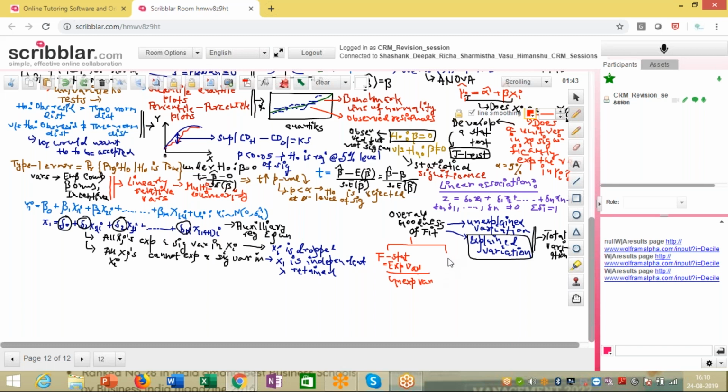The second important measure is R square. This R square is a measure of the explained variation in the model.